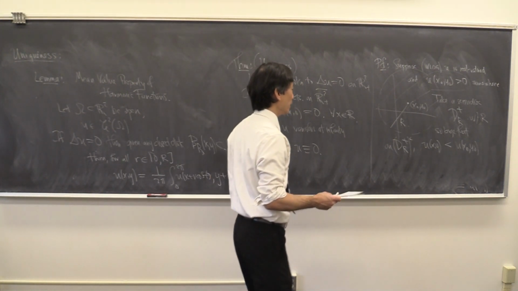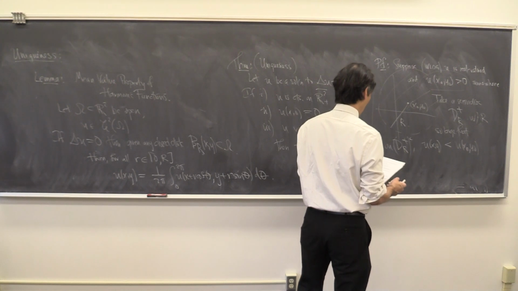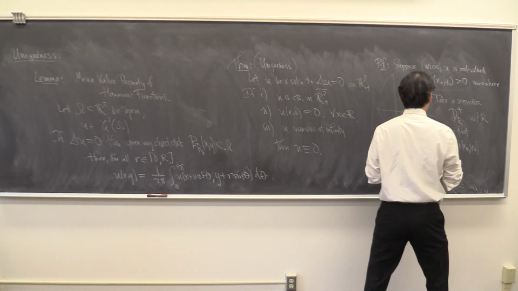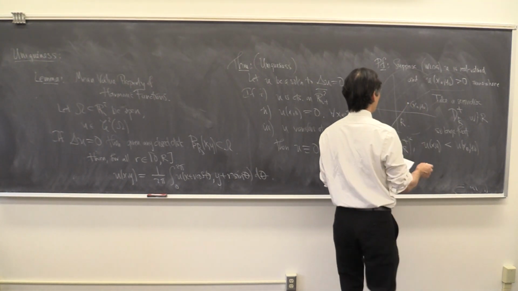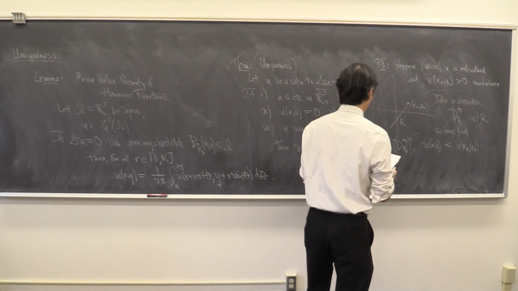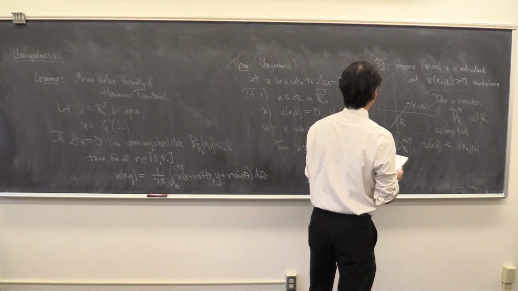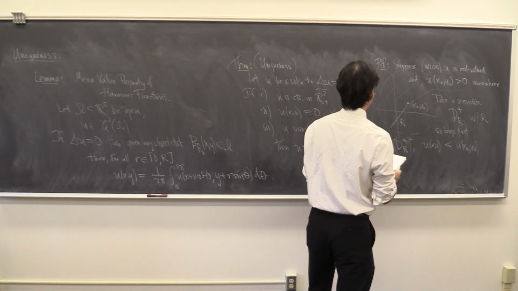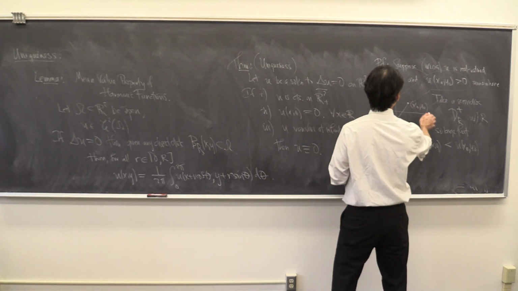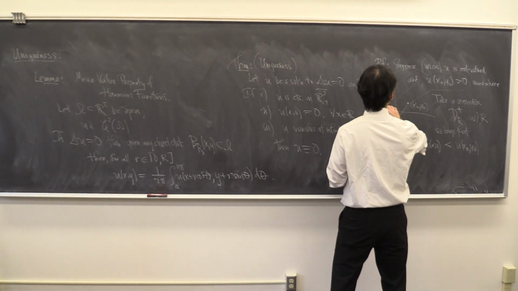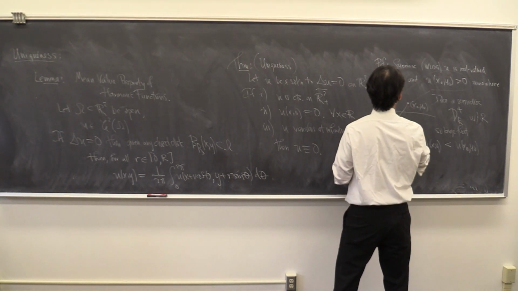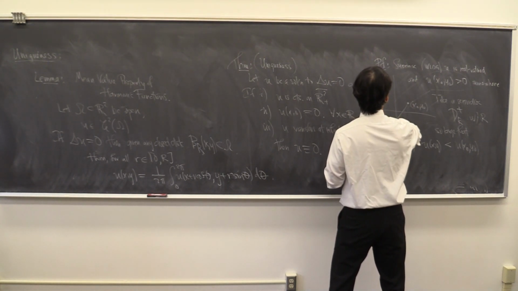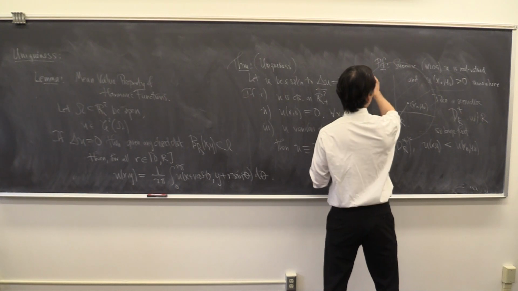It's smaller than that value. Actually, I've drawn it looking like it's centered at x naught, y naught, but actually, we're just taking it centered at the origin. Sorry.